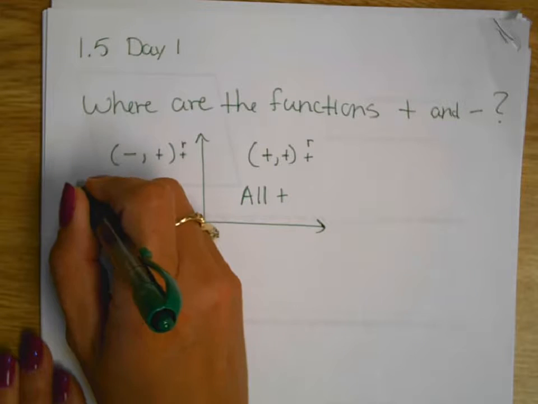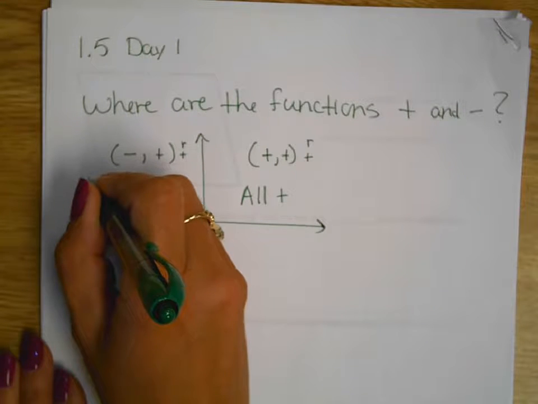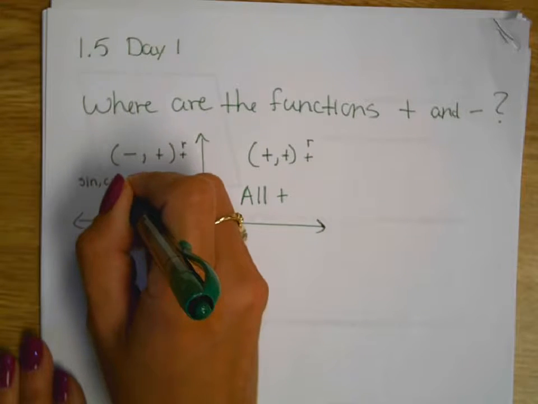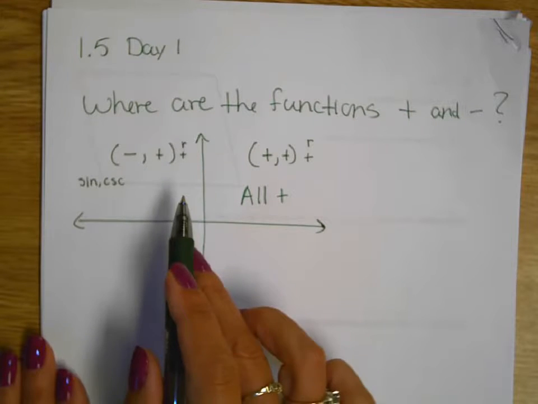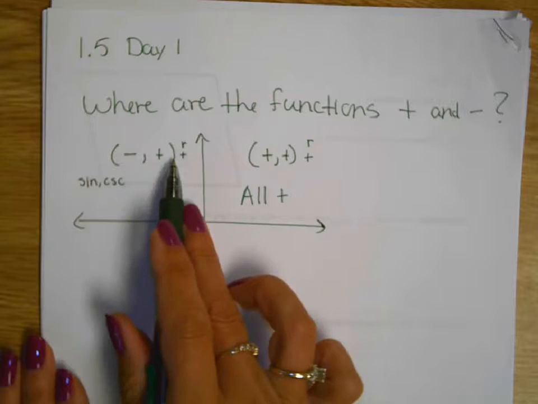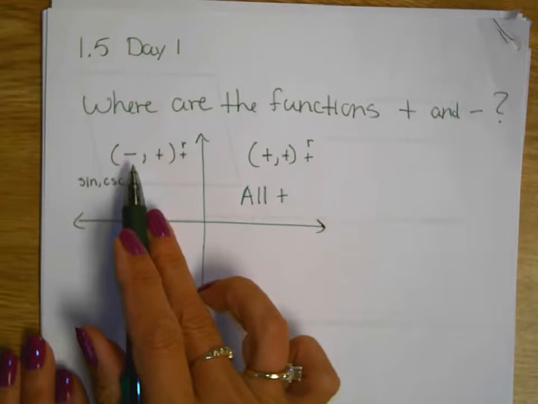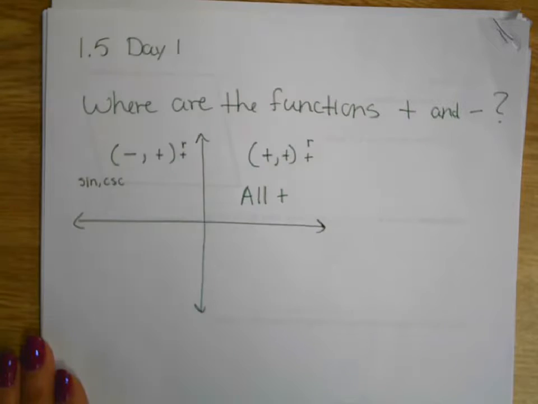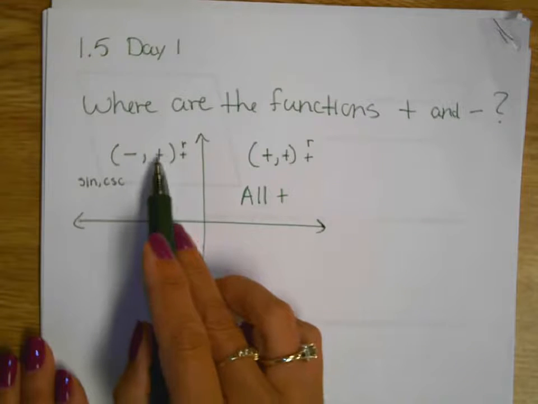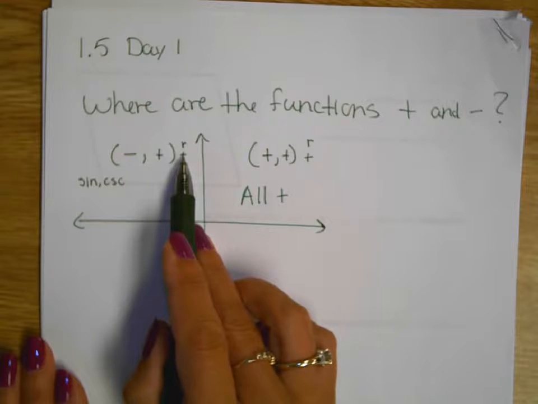So let's look at sine and cosecant. What am I making my ratio out of here with sine? Which 2 is it again? Sine goes with y. So it's y over r, positive over positive.